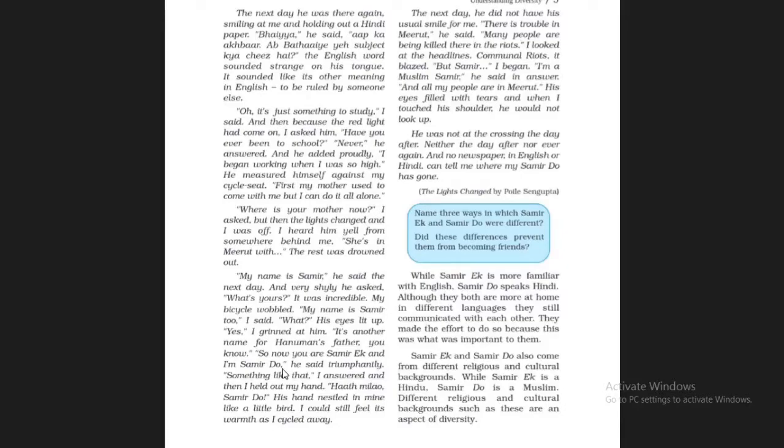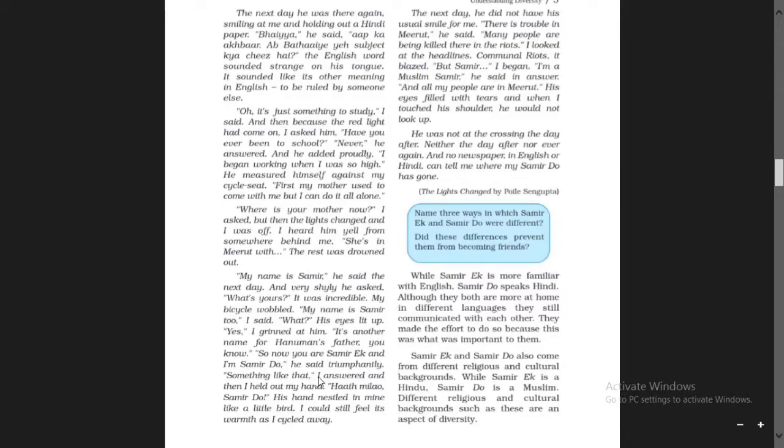So you are Shamir Ek, means Shamir 1, and I am Shamir Do, Shamir 2. Do means 2. These are Ek and Do, Hindi words. He said triumphantly. Triumphantly means showing great happiness or joy at a victory or achievement.